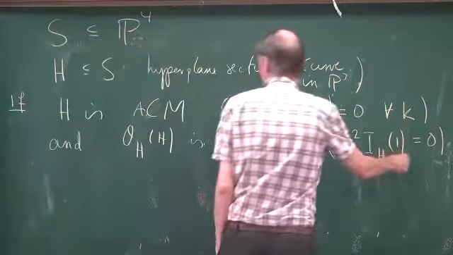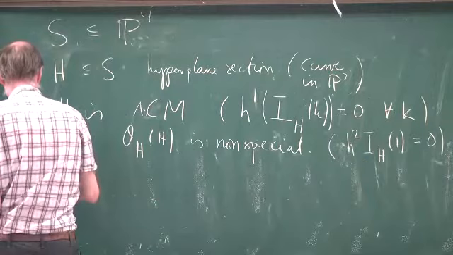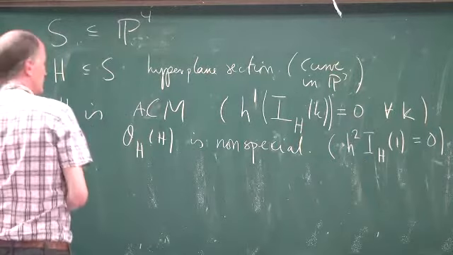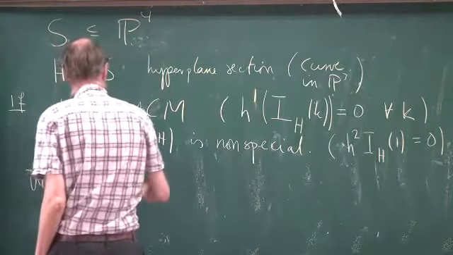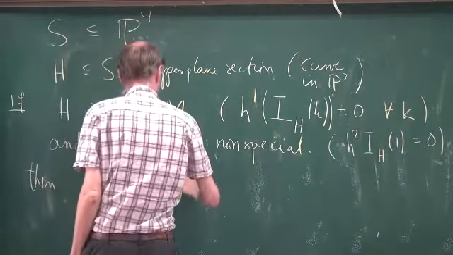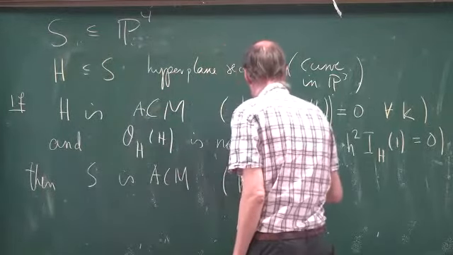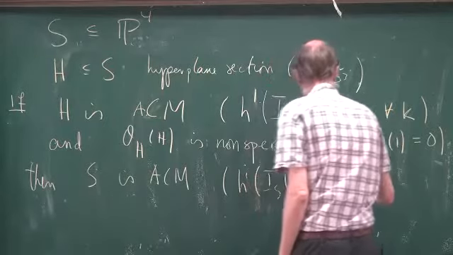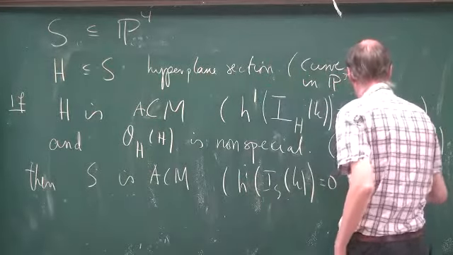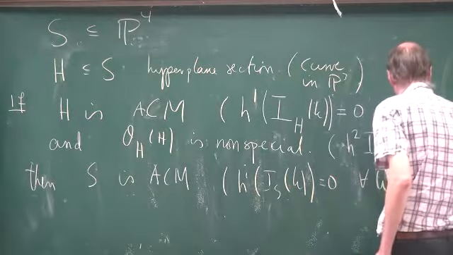Anyway, if these two are the case, then S is ACM, which means that H^i of I_S twisted by K is 0 for all K, and i equal to 1 and 2.